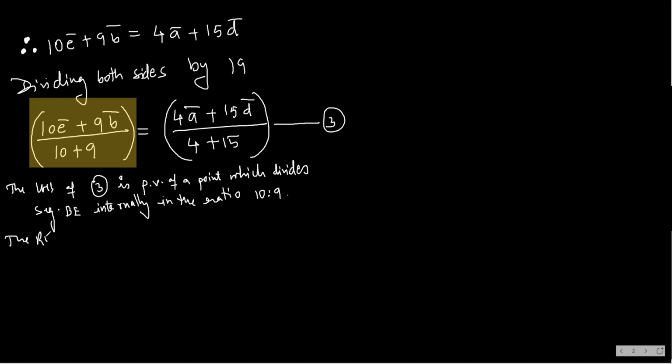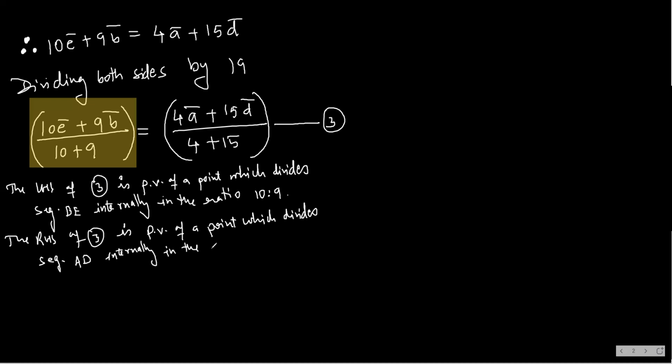The RHS of 3 is position vector of a point which divides segment AD internally in the ratio 15:4. So 10:9 and 15:4.